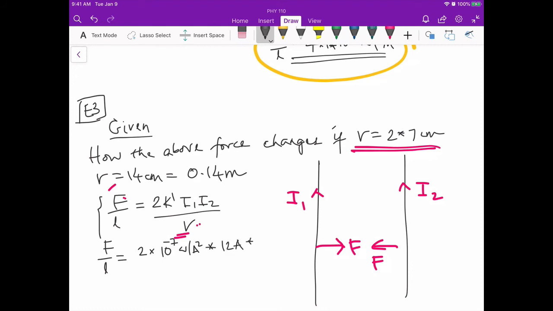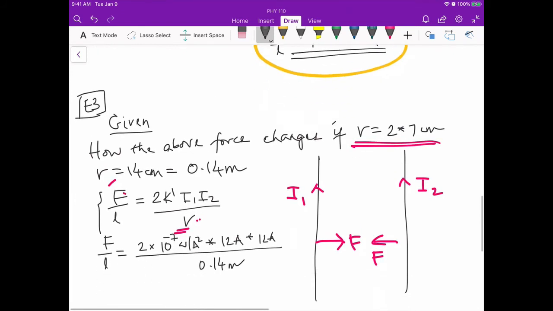The currents are the same, 12 ampere times 12 ampere, divided by R. Now your R is 0.14 meter.